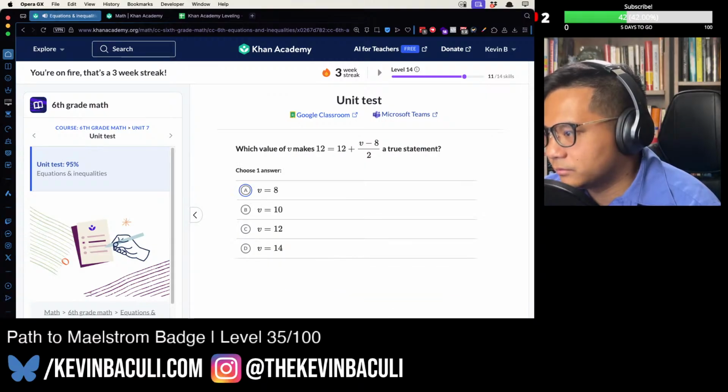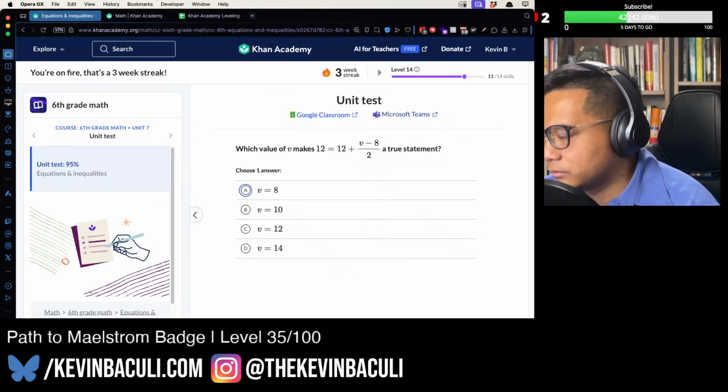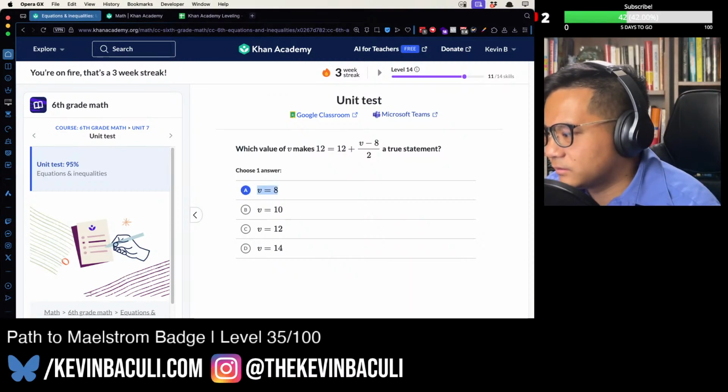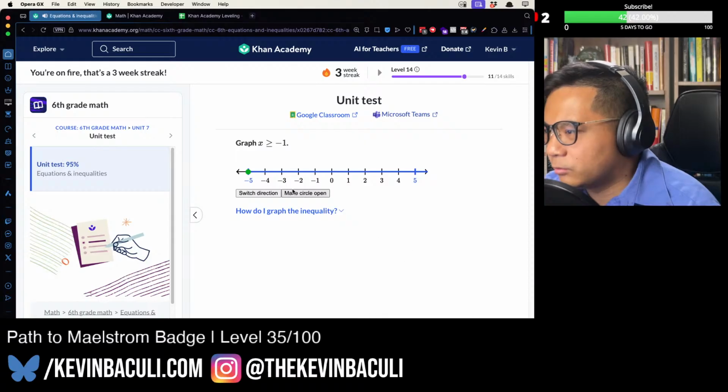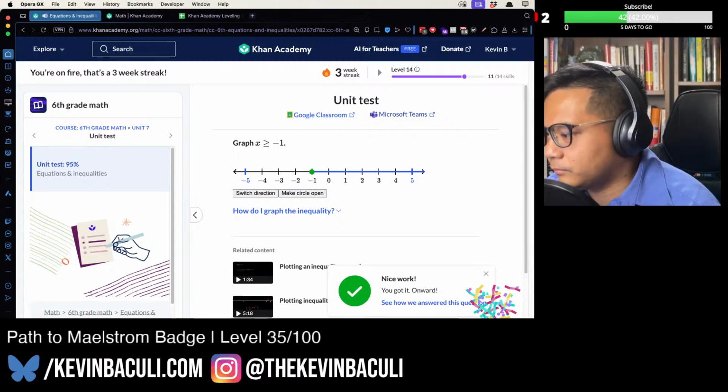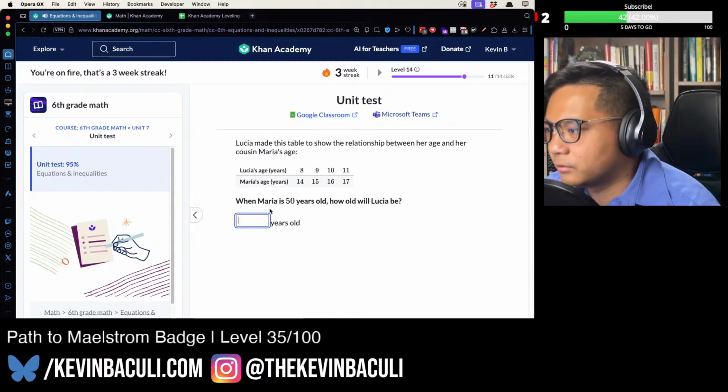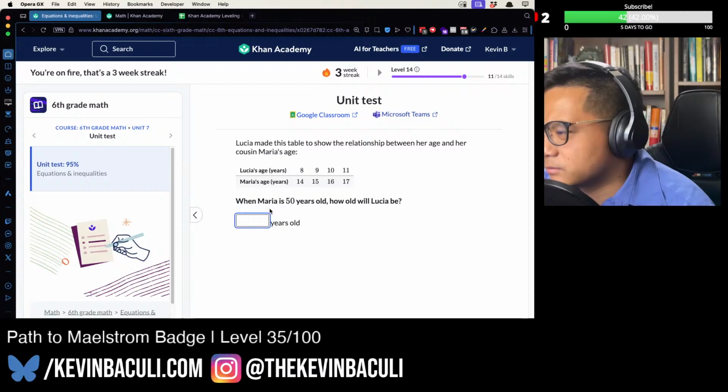15. Graph is x is greater than -1. Plus 5. Oh no. Plus 6, plus 6, plus 6, plus 6. 4.